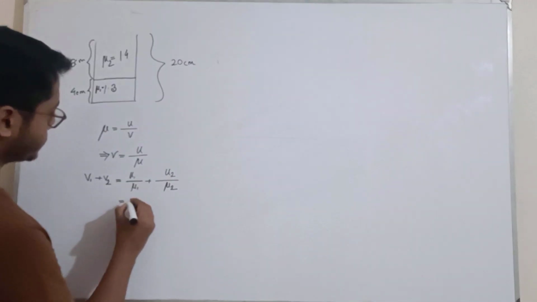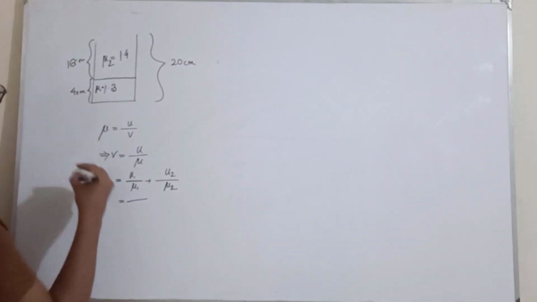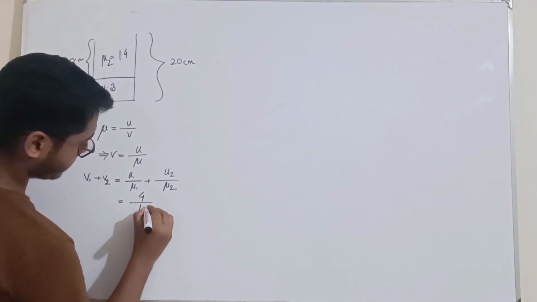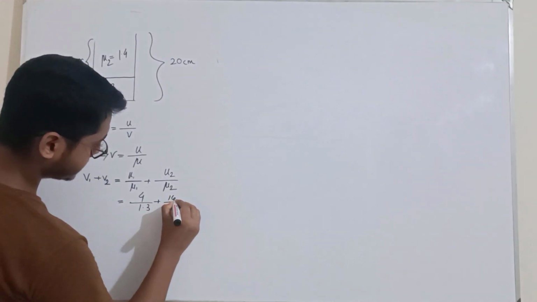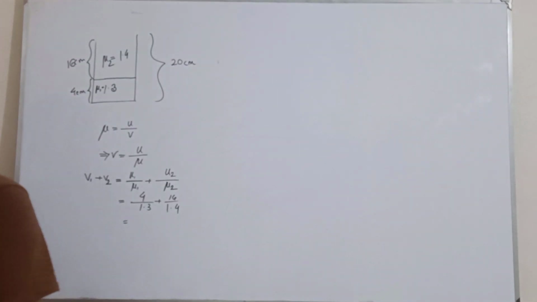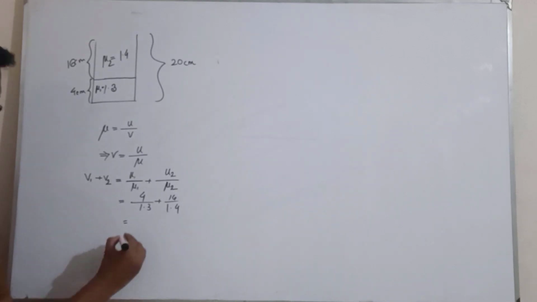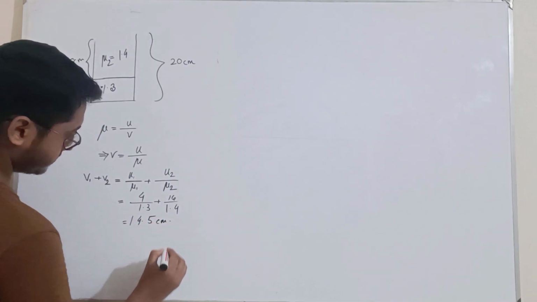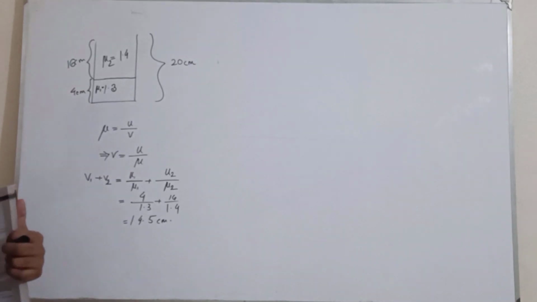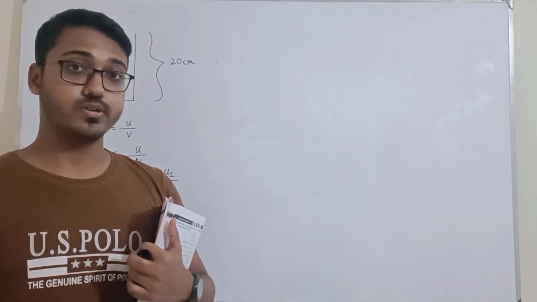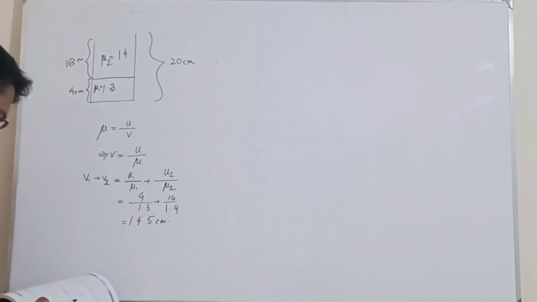Let's put in the values. u1 is 4 centimeter by 1.3 plus 16 centimeter by 1.4, which equals 14.5 centimeter. One thing you will notice is that for every math, the apparent distance, that is v, is always less than the real distance.